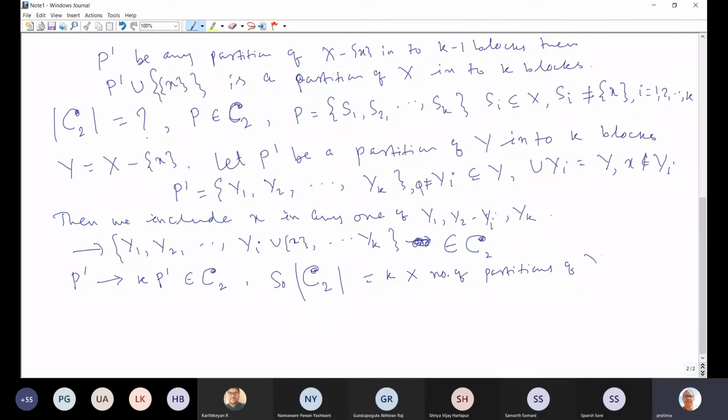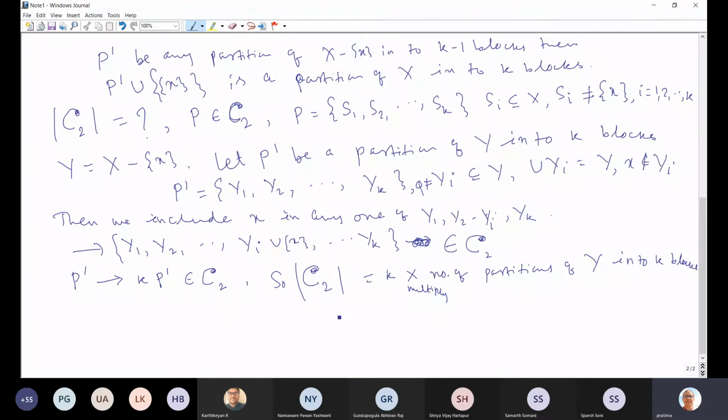This is not X, this is multiplication: k into the number of partitions of Y into k blocks.